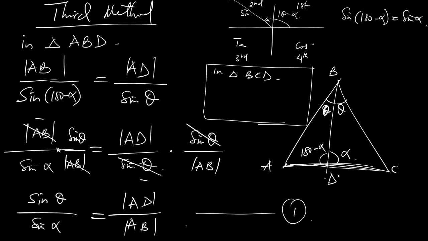Now using the sine rule, you will note that BC all over sine alpha, because this is the angle opposite to BC, is equal to DC divided by sine theta, because sine theta is opposite to this DC.